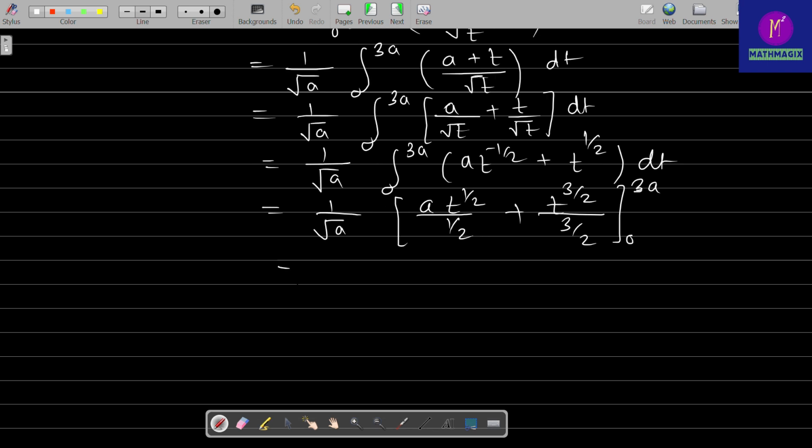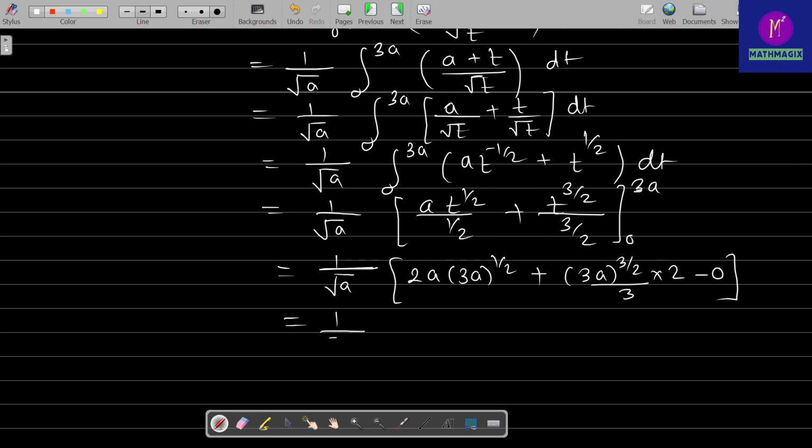Now let us substitute the limits and find out the final answer. So 1 upon root a, inside the bracket, 2a into 3a raised to half, plus 3a raised to 3 by 2 into 2 by 3. If I substitute 0 at the place of t, I'll get everything as 0. So this is 1 upon root a.